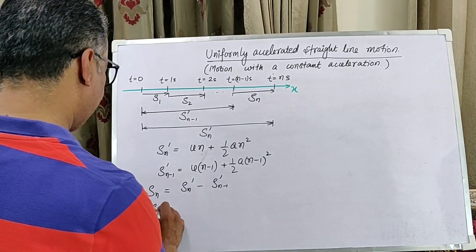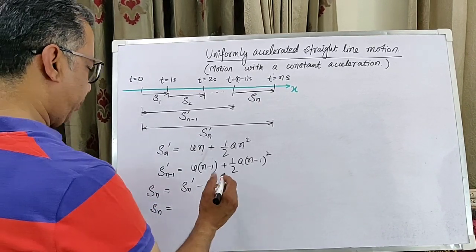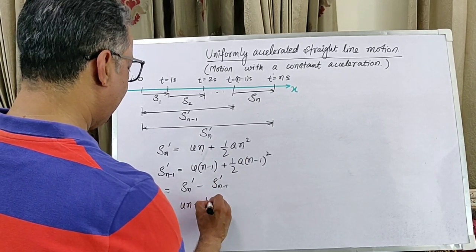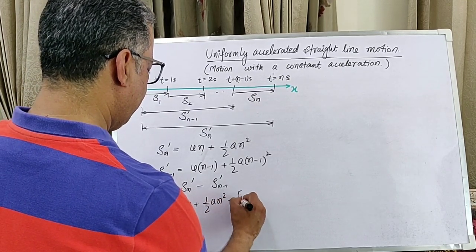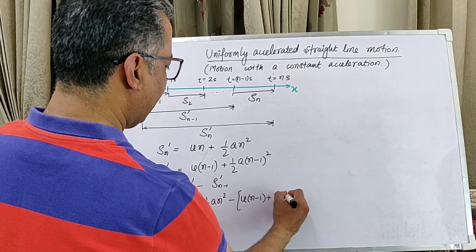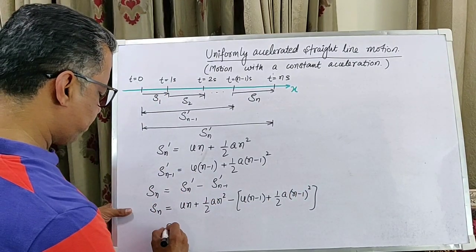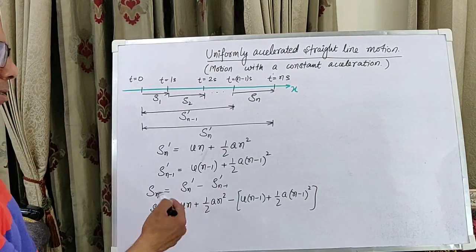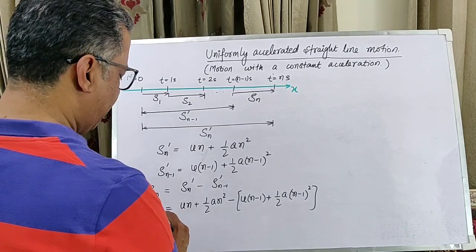So this Sn will be equal to Sn prime, that is un plus half a n square, minus u into n minus 1 plus half a into n minus 1 whole square. And I leave it for you to make some simplifications, some calculations here, some simple cancellations are involved here.